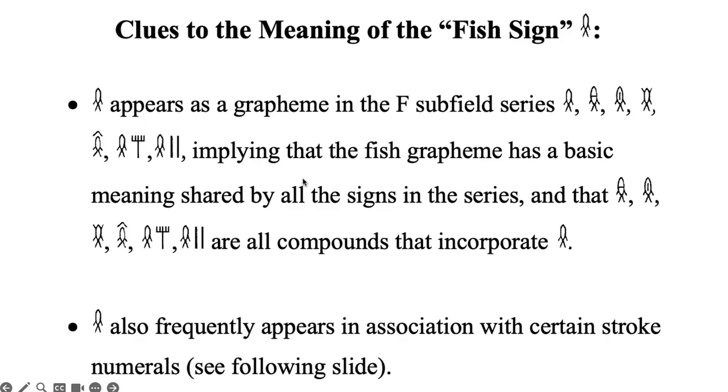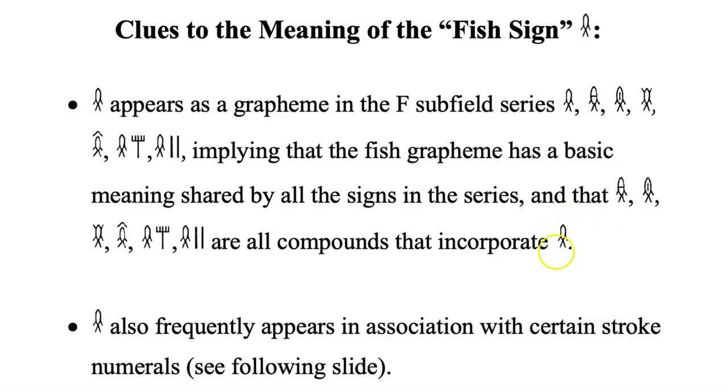And because it is the underlying grapheme of all these signs, it implies a certain iconicity in these signs, namely that whatever the shared meaning of these 7 signs that, remember, always co-occur, they're always adjacent in clusters of up to 3 within M fields, whatever their purport, it's probably signalized by the meaning of this fish grapheme. Okay, just because iconically it makes sense. I mean, if there's a shared meaning, that would logically, iconically comport with the shared grapheme.